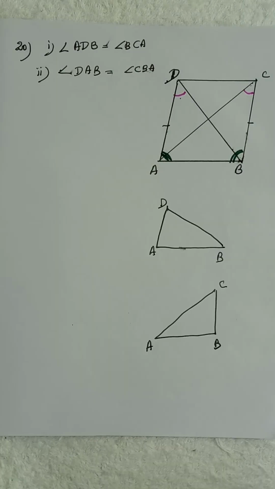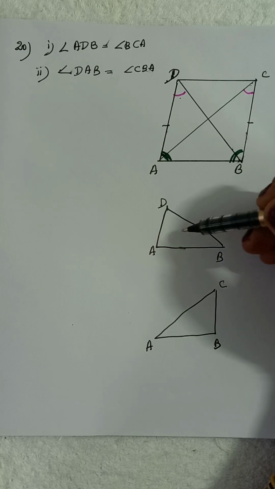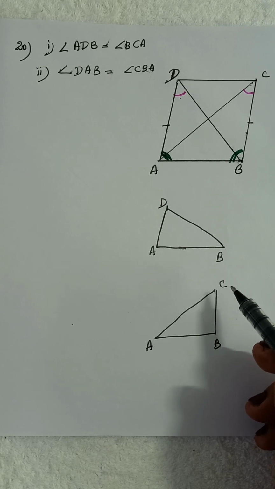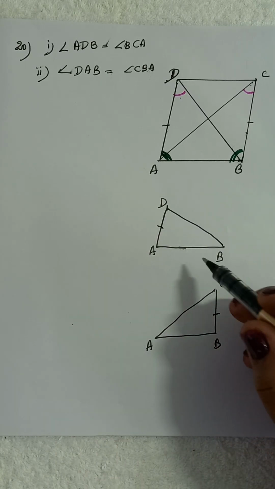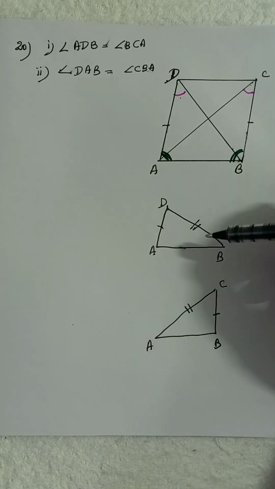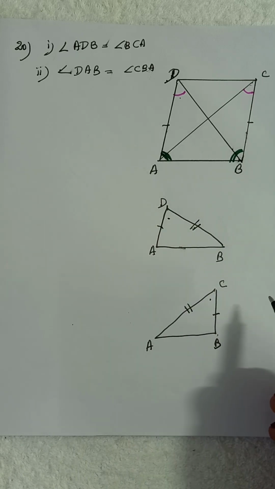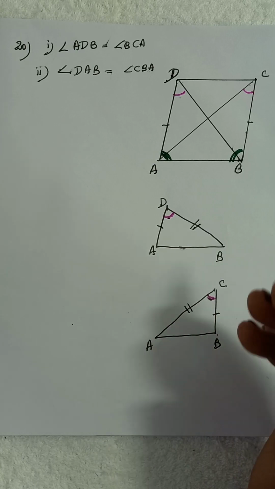So I have drawn those two triangles separately, triangle ADB and triangle ABC. So in that what is given? AD is equal to BC and BD is equal to CA. And we have to prove angle ADB is equal to angle BCA. So we can take these two triangles and we can prove that these two triangles are congruent.